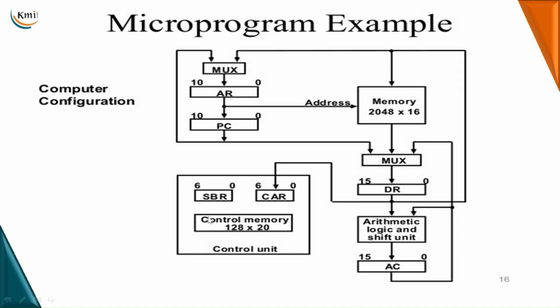Coming to the control memory here, the control memory is of size 128 into 20, which means it is capable of storing 128 words of 20 bits each. In the previous example, we took the memory size as 4096 into 16, but in this example it is 2048.